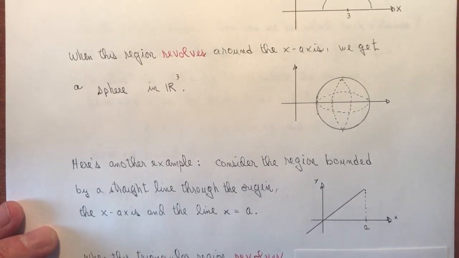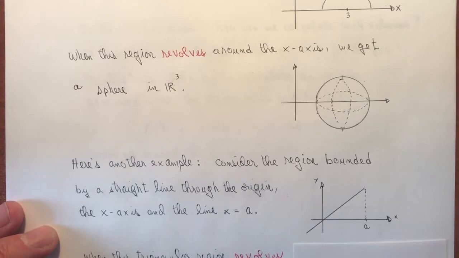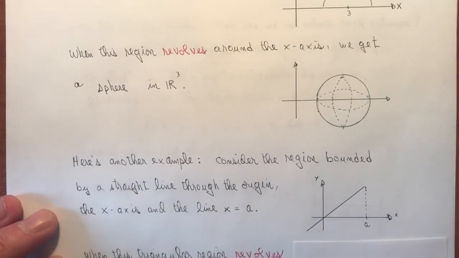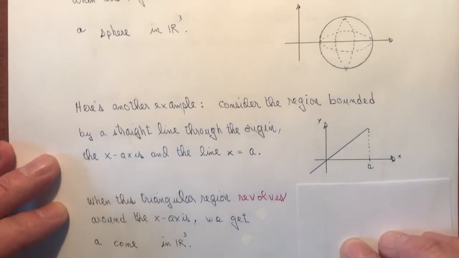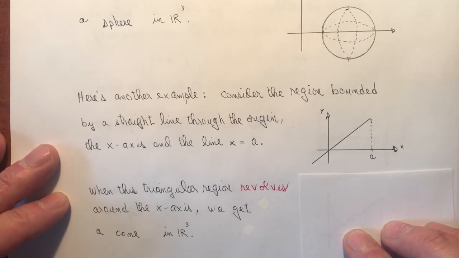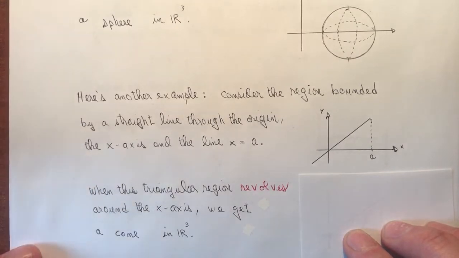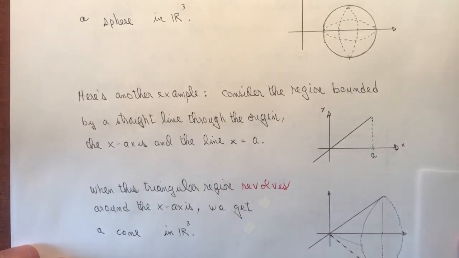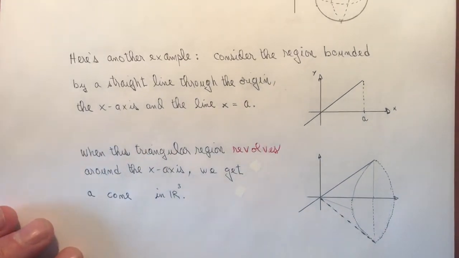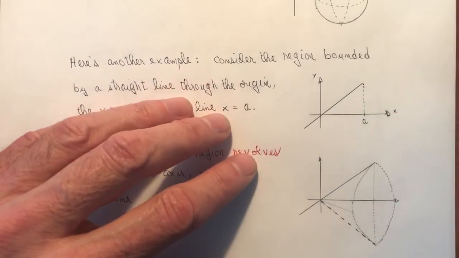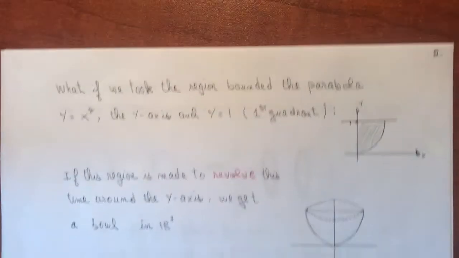So basically, some sort of a triangle in the first quadrant with a connecting point at x equals a. Now, suppose that this triangular region revolves around the x-axis. What are we going to get? Yes, a cone. A cone in, clearly, R3. Well, this is the sort of thing that we are going to investigate in this chapter.